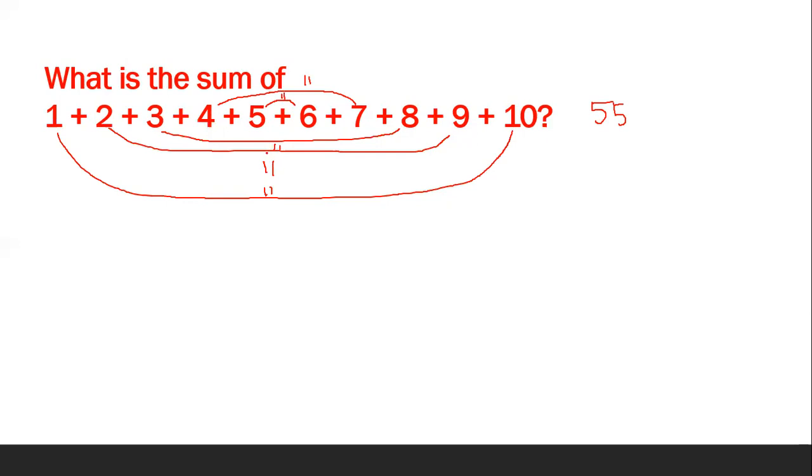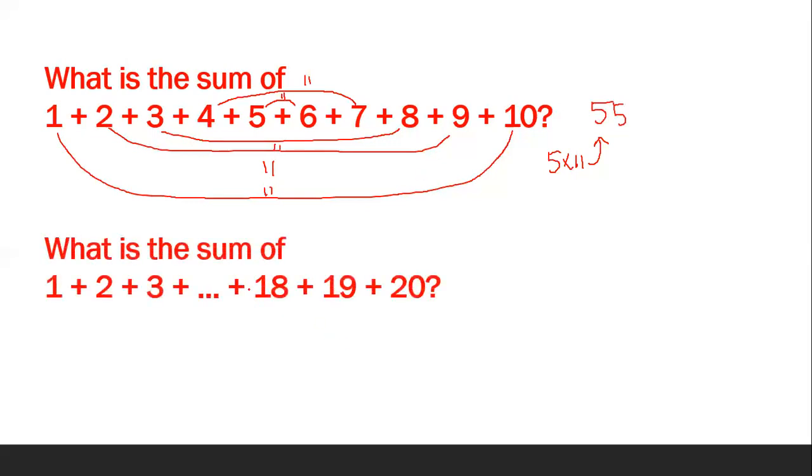So we pair them up. Now, how many 11s have we got? 5 11s. So 5 times 11 is 55. Do you find it faster compared to having to add the numbers one by one? Maybe it doesn't seem so because there are only 10 numbers now.